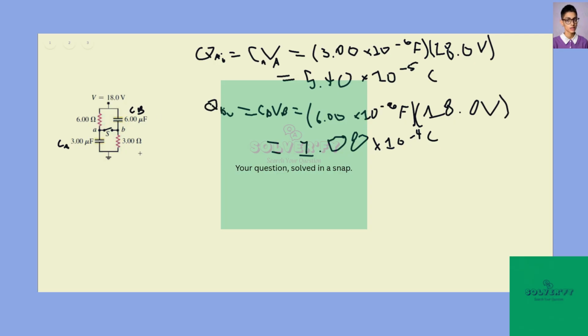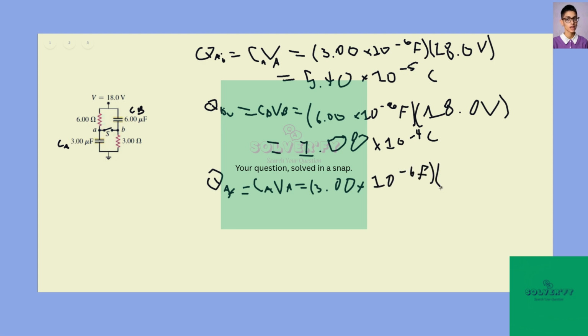Now, if we close the switch and wait enough time, based on the RC time constant between the resistor and the capacitor, to allow the capacitors to be fully discharged, we can say that QA final is going to be equal to CA times VA, which is, again, 3.00 times 10 to the minus 6 farads.